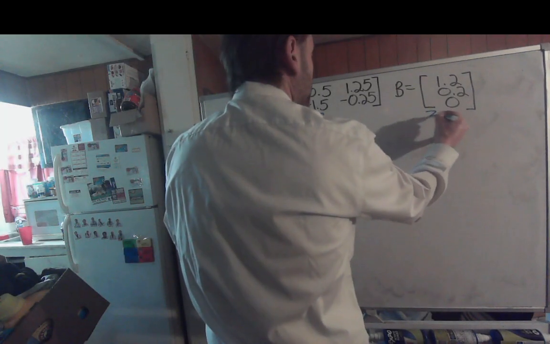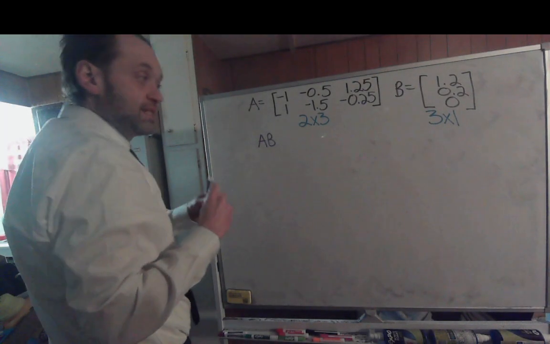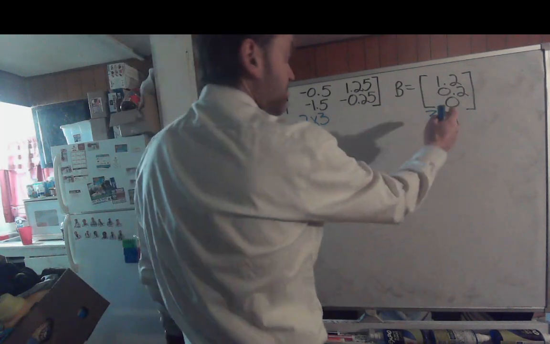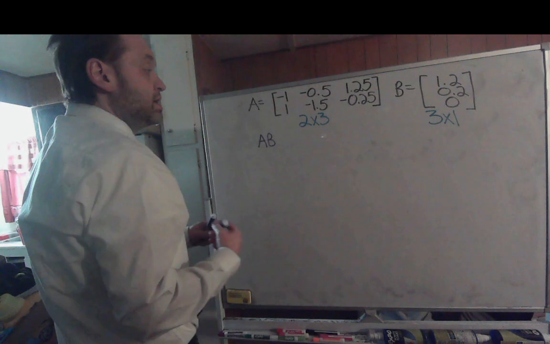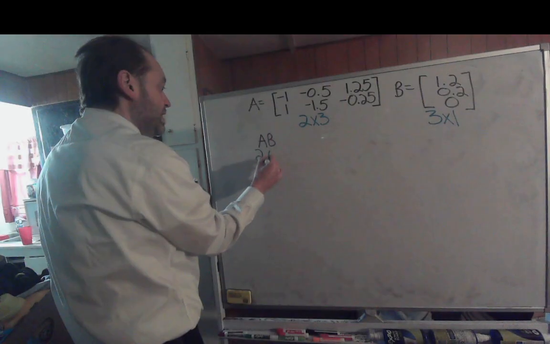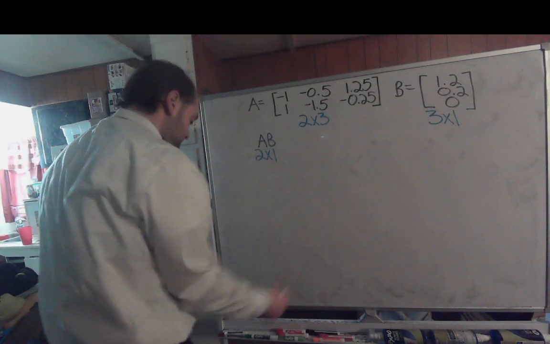This is a 3 by 1 matrix. So yes, it's possible because the number of columns in the first matrix equals the number of rows in the second. So that means you should get a 2 by 1 matrix for AB.